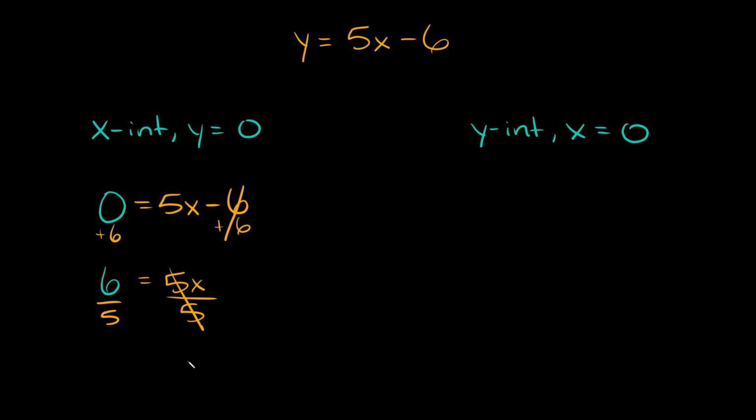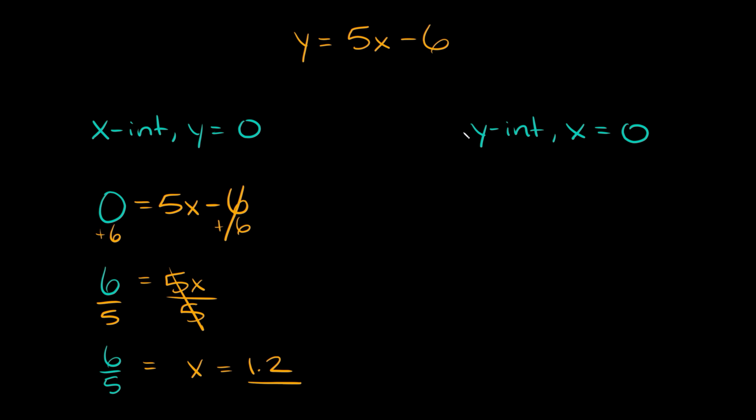We're left with x is equal to 6/5. Or if you wanted to convert this into a decimal, which would probably be preferable in this case, you can say also that x is equal to 1.2. So the x-intercept, or in other words, the place where this equation hits the x-axis, is at 1.2.